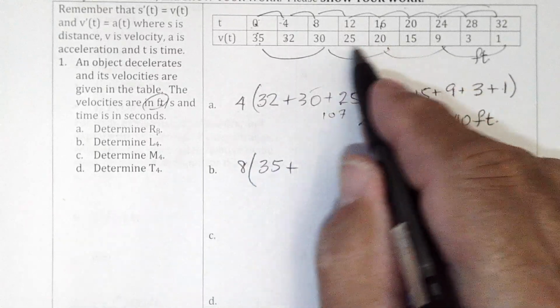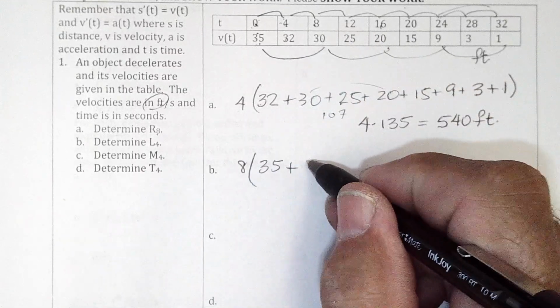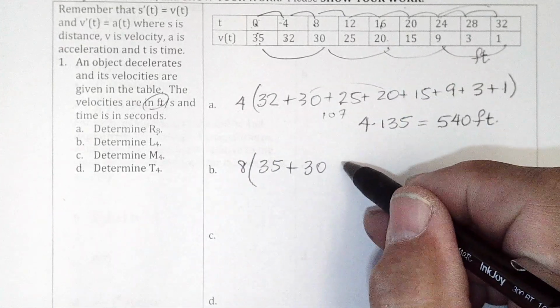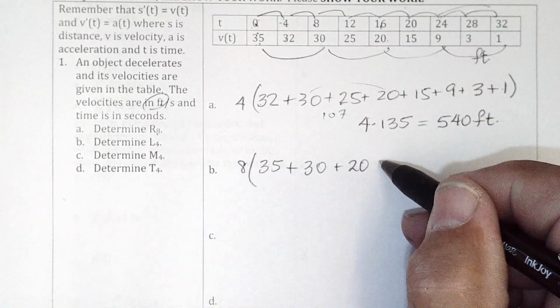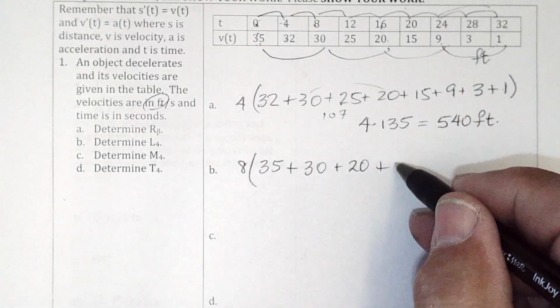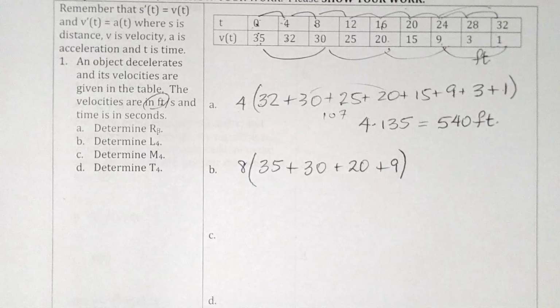The left side of the second bar is 30 high. The left side of the third bar is 20 high. And the left side of the last bar is 9 high. There's 4 bars. Times 8.